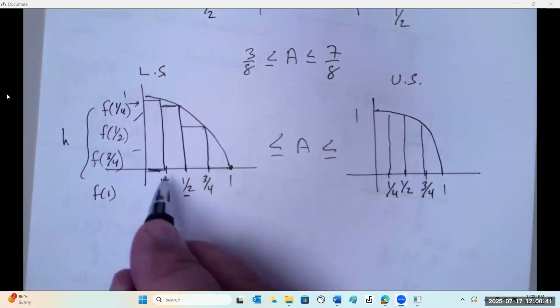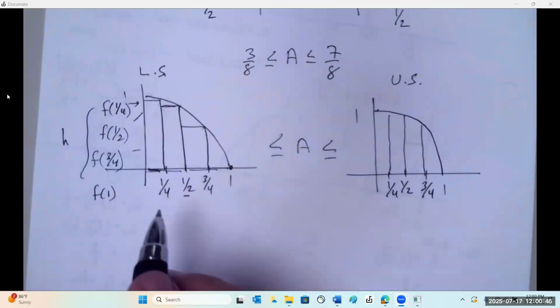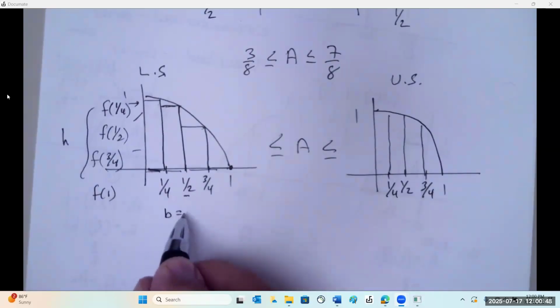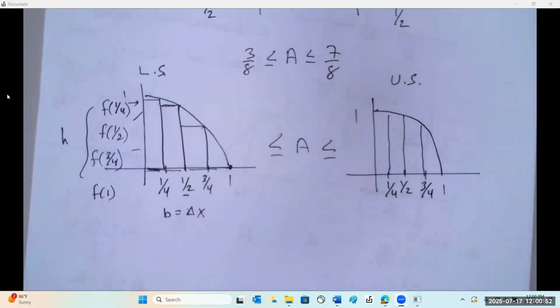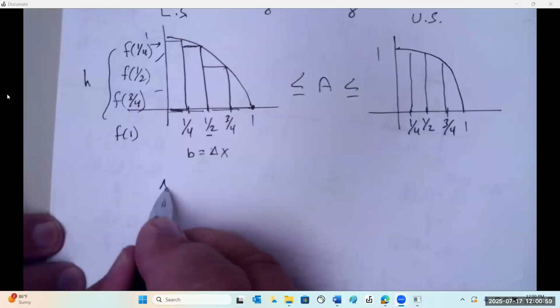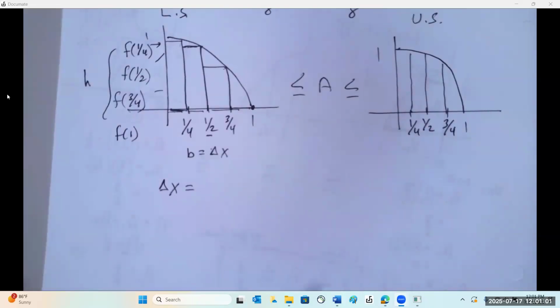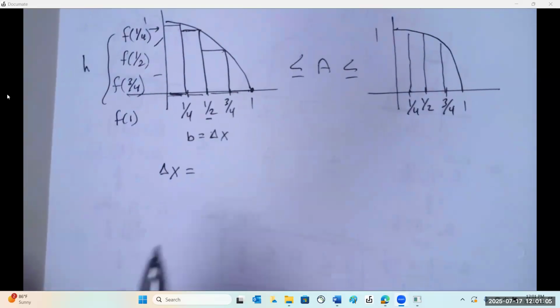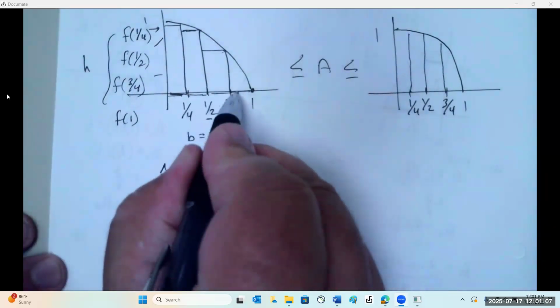My width, the base part, they're the same. They're all delta x's. How do I find delta x? How would you find delta x if you had to give it a formula? Because remember, all of these have to be the same size.